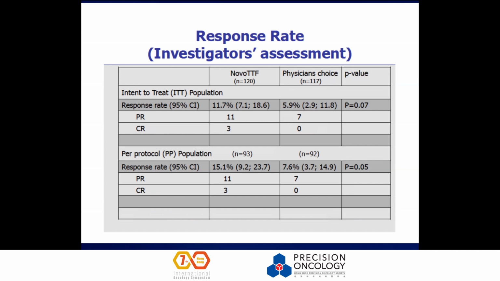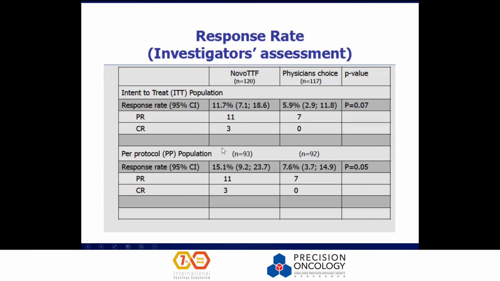The results were assessed by investigators using MRI per McDonald's criteria. Partial response in the novel TTF arm was 11, and complete response was 3. In the physician's choice group, partial response was 7, complete response was 0.